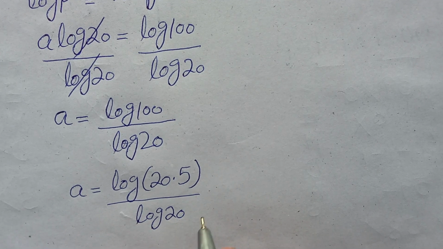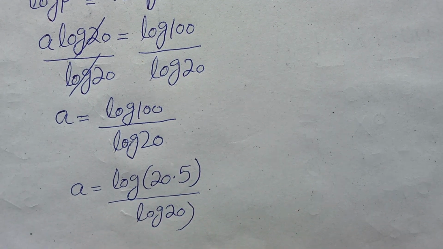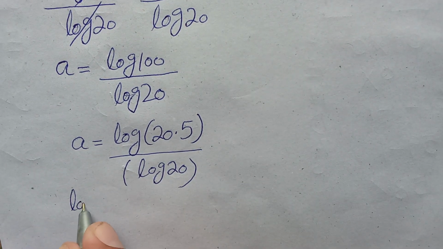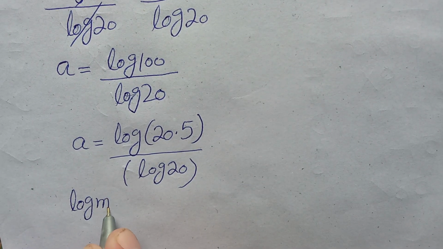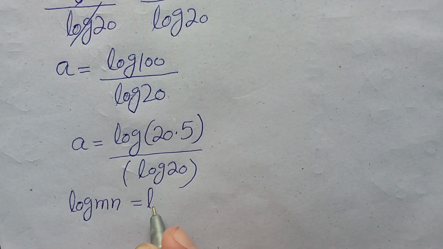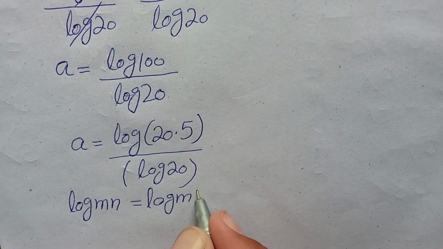Now according to this rule of log, log of m times n is equal to log m plus log n.